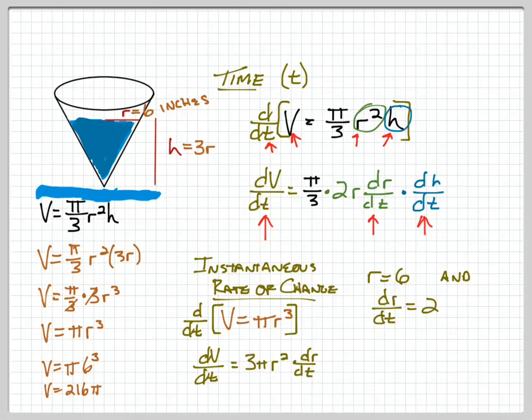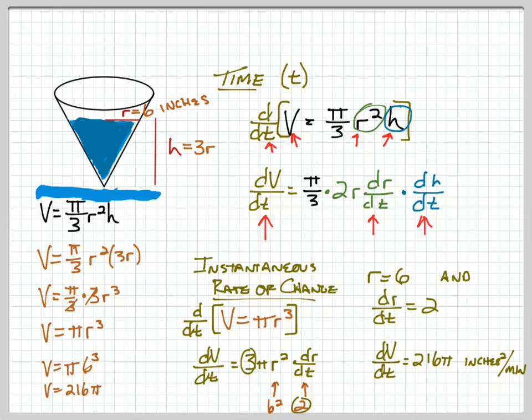The dr over dt comes along for the ride. So now we just plug in our value for r squared, which is 6 squared. Our dr over dt is 2, and we can see that the instantaneous rate of change for our volume with respect to time is 6 squared times 2 times 3, which is 6 cubed, which is 216 pi inches cubed per minute.